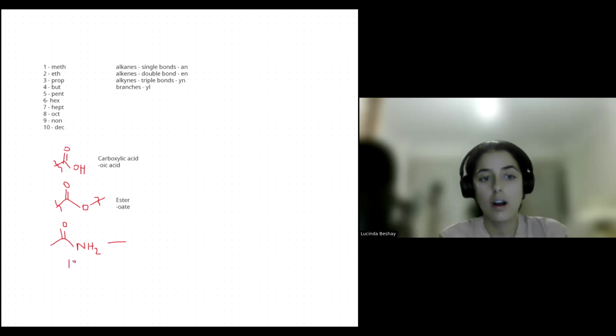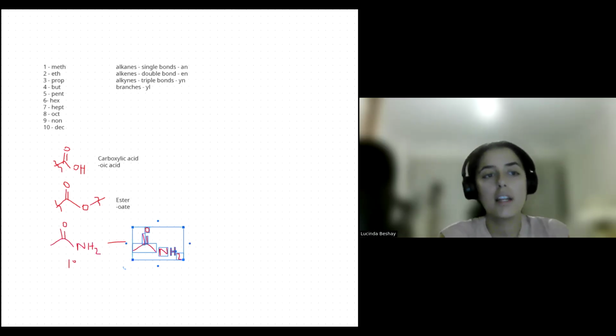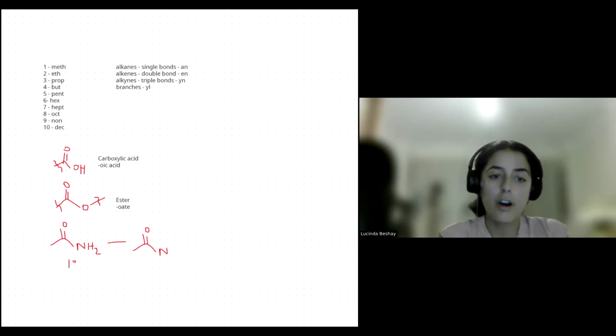I'm going to copy it just to avoid wasting a lot of time drawing. It's pretty much the same, except instead of having a second hydrogen right there, it has another carbon. The way that I would personally draw this is I would put the hydrogen on a bond by itself, and then connect it to a carbon right here.